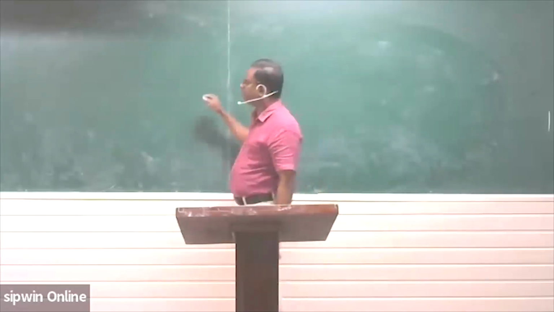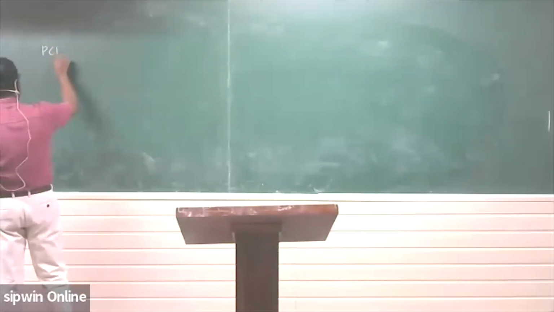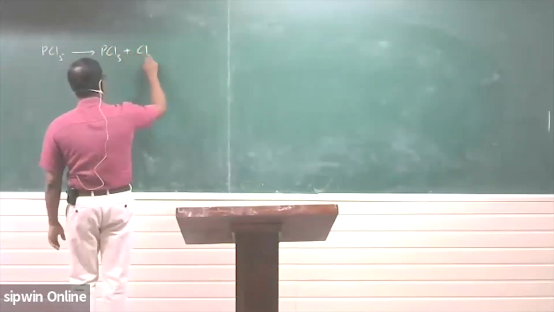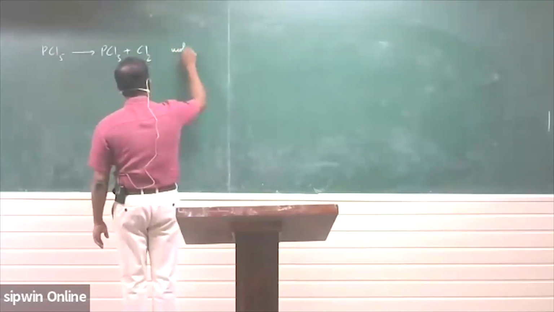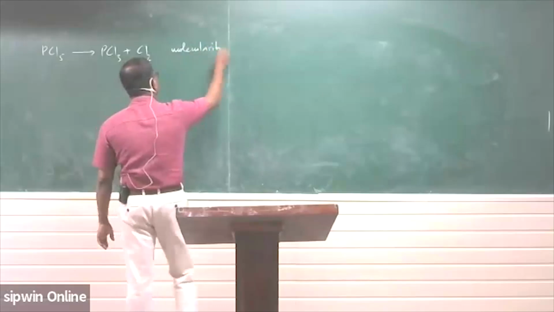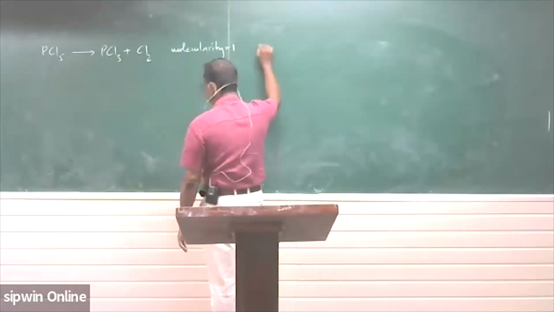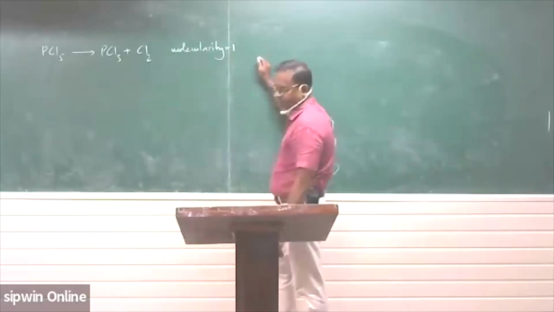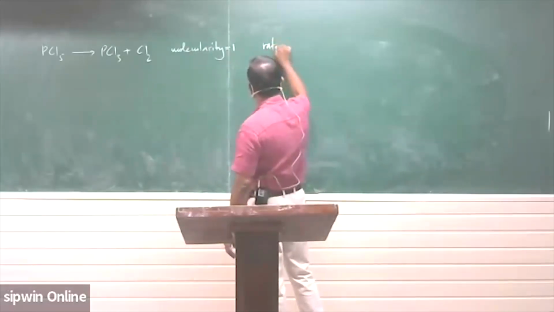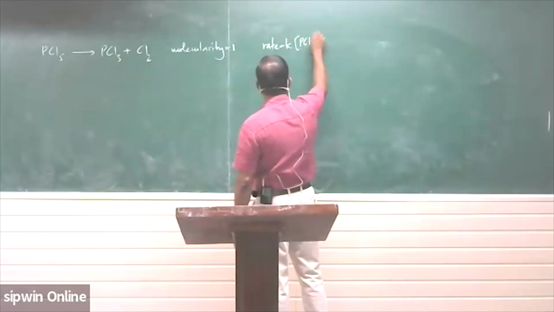In front of that, molecularity 1 for PCl5, PCl3 and chlorine. With molecularity 1, you can write the rate law, the rate equation: rate equals k PCl5.